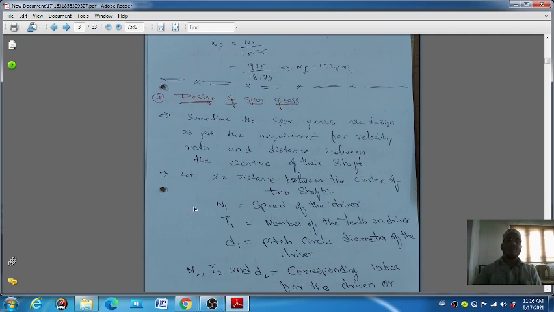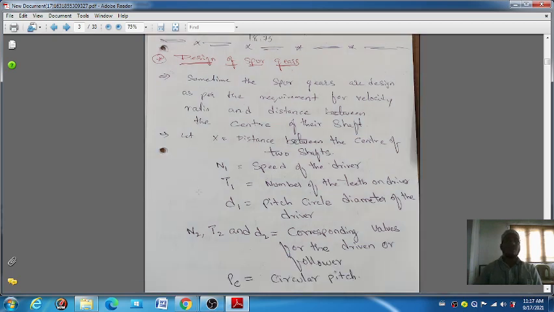We have to suppose how much the distance is there. So while we are designing the spur gear for a suitable machine, first we have to see how much the distance will be, the distance between the centers of the two shafts, x. Then N1 is the speed of the driver, T1 the number of teeth of the gear, D1 the pitch circle diameter of the driver.